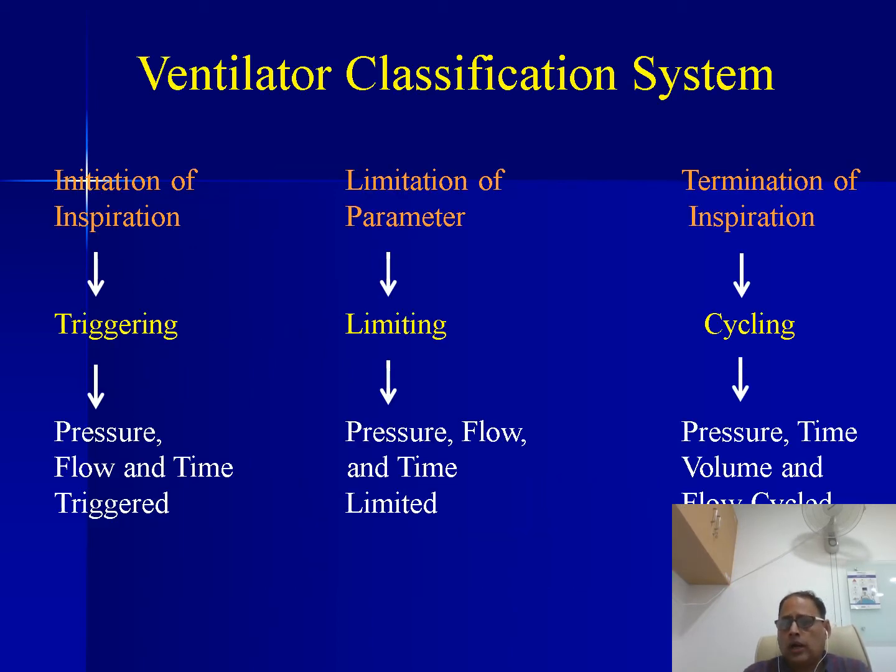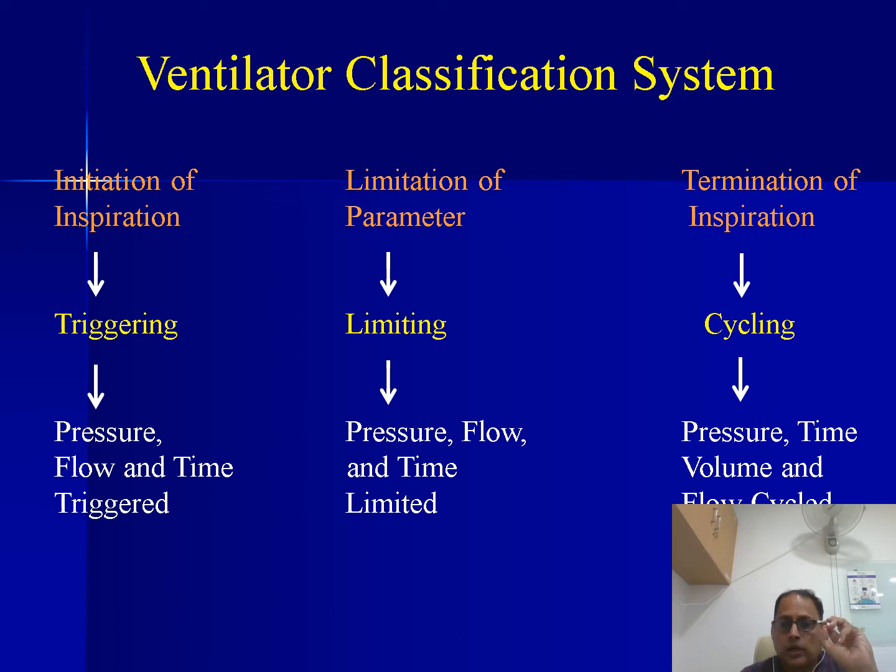Now if you look at the classification system of ventilators, there are broadly three properties. First is the initiation of inspiration. As I said, it is the triggering. So your breath could be a pressure triggered breath or a flow triggered breath or a time triggered breath. So what we mean by this is how the breath is initiated.